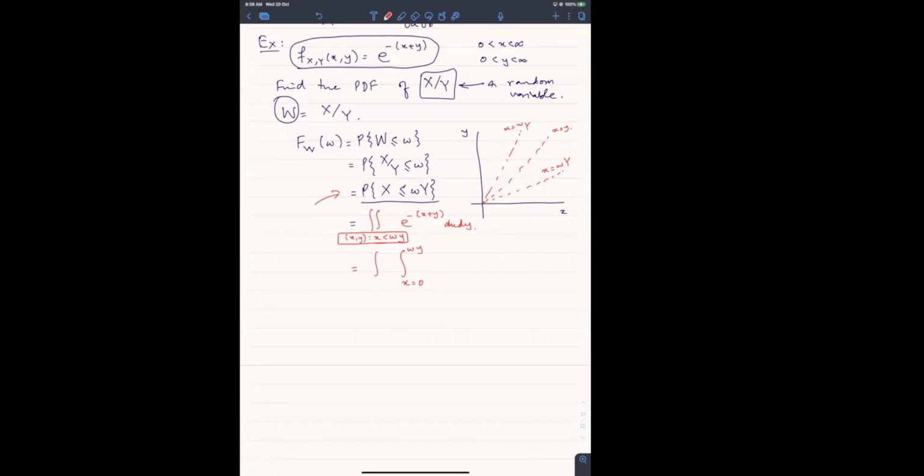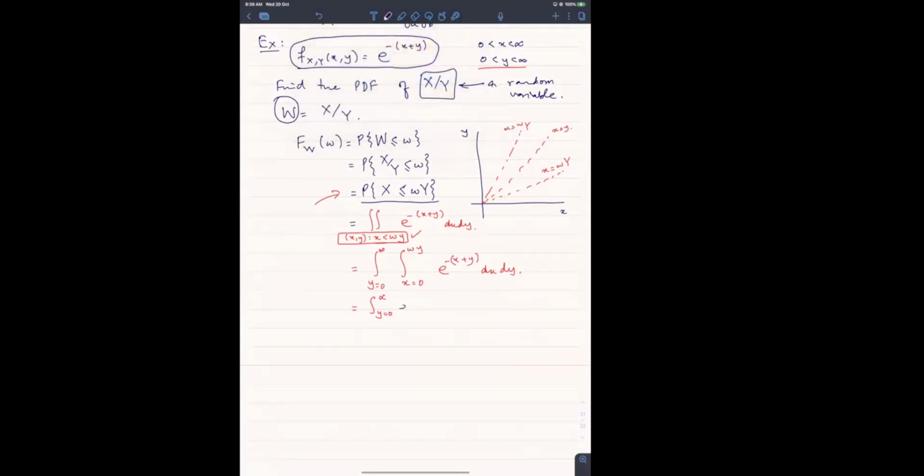x going between 0 and w times y, so this satisfies here, and y going from minus infinity to plus infinity, but y is always greater than 0, so y going from 0 to infinity, e to the minus x plus y dx dy. So अगर इसको इंटीग्रेट करके भी देखें, y from 0 to infinity, and this would be e to the minus x multiplied by e to the minus y.